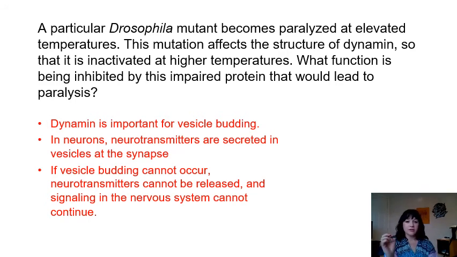So if there's no dynamin function, there's going to be no neurotransmitters ready to go in vesicles at the synapse, and no neurotransmitters are going to be released into the synaptic cleft, and muscles are not going to be activated. All right, so that is how misfunction of dynamin can lead to something as drastic as paralysis.